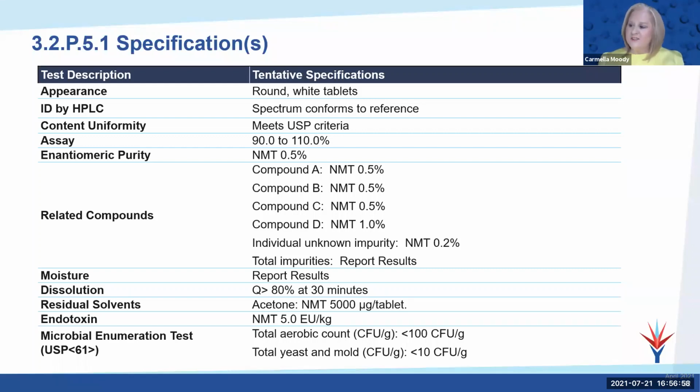Again, you're going to have specifications for your drug products, just like you do for your drug substance. One of the main things you're going to need to understand, even for tablets, is that the FDA expects you to have a microbial enumeration test performed on your finished products, your drug products.